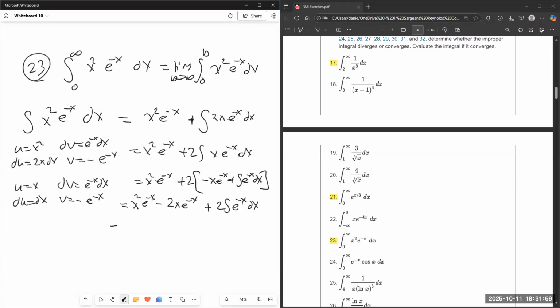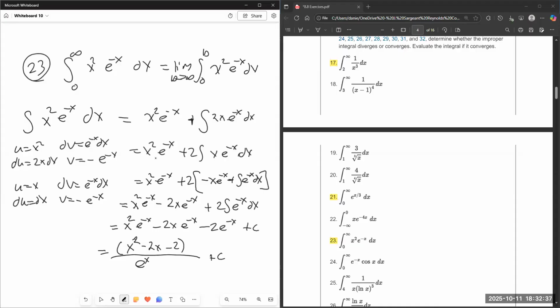So this is equal to x squared e to the negative x minus 2x e to the negative x, plus 2, I'm sorry, minus 2e to the negative x. And then I would say plus c. Let me rewrite this though as x squared minus 2x minus 2 over e to the x plus c. I want to see if I got all my signs right there.